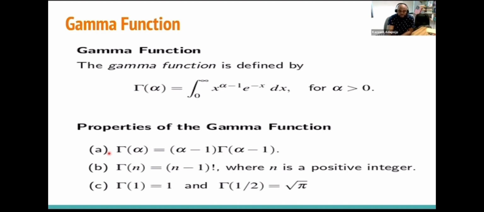If you take a look at that, in a situation where I have maybe x raised to the power 6, and e raised to the power negative x, dx, of course the state space is going from 0 to infinity.